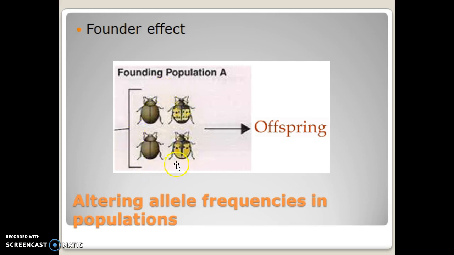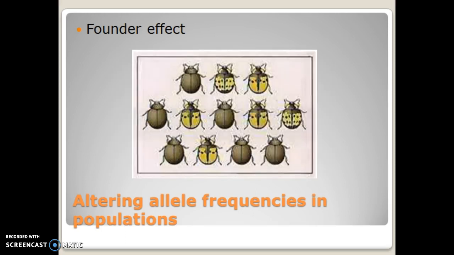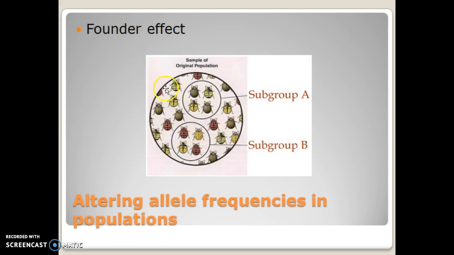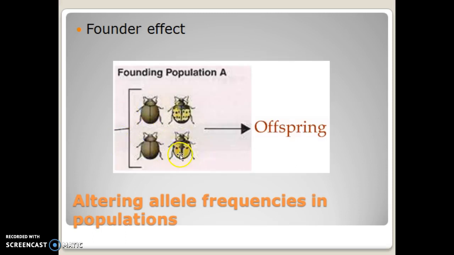And as a result of being the founding fathers, so to speak, they're going to reproduce. And what will their offspring look like? Well, as you can imagine, the offspring will all look like the parents. Notice that back in our original population, we had some red-colored beetles and some other variations of patterns, but it was these guys that happened to leave.